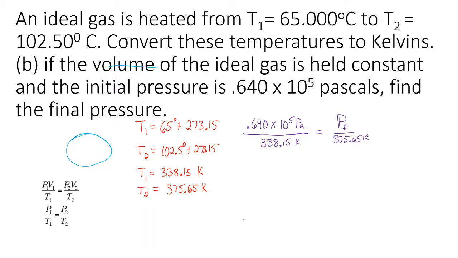One of the concepts you're supposed to get from this problem is whether there is a direct variation or an inverse variation between pressure and temperature. If it's a direct variation, when the temperature goes up, so will the pressure. If it's an inverse variation, if the temperature goes up, the pressure will drop. Based on your knowledge of direct and inverse variation, something we've talked about a lot in physics class this year, and in both math classes, what is going to happen to the pressure?